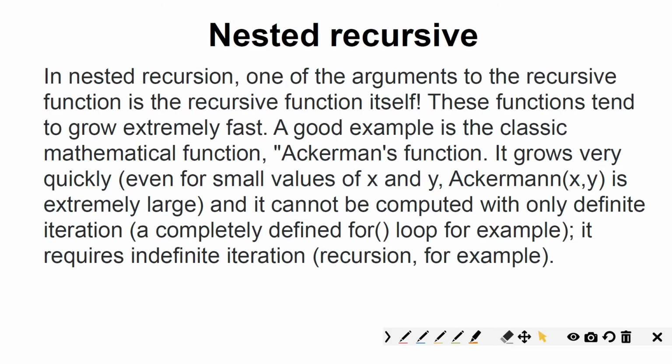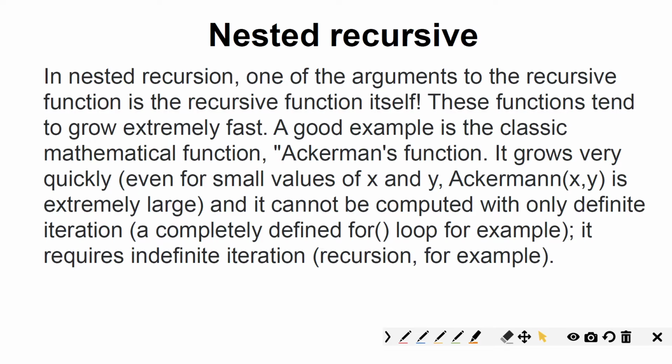And the most interesting example is nested recursion. In nested recursion, one of the arguments to the recursive function is the recursive function itself. These functions tend to grow extremely fast, and a good example is the classical mathematical Ackermann function.